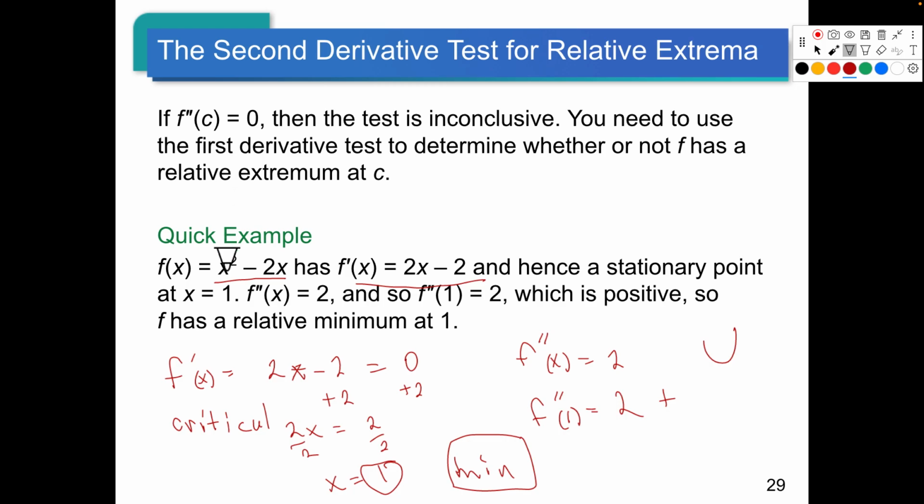And you could do the same thing if I had a negative in front of the x squared, and your second derivative would have been negative 2. And you would see it's always going to be concave down. So let's take g of x.